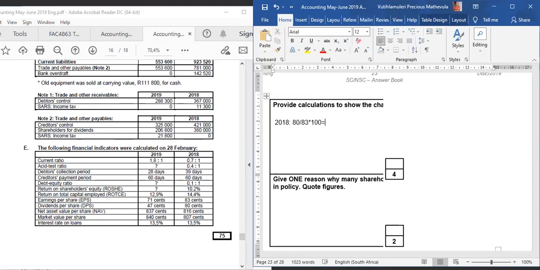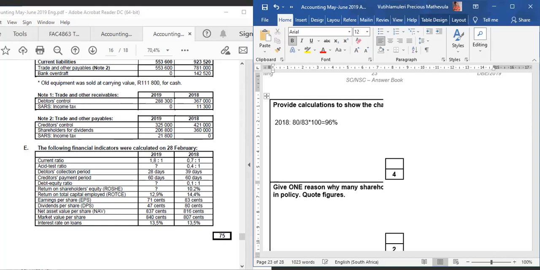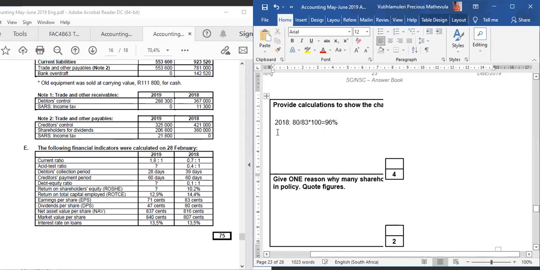We want to find the percentage: 80 divided by 83 times 100 is 96%. That means last year we paid a lot more. We paid 96% of everything that we earned.